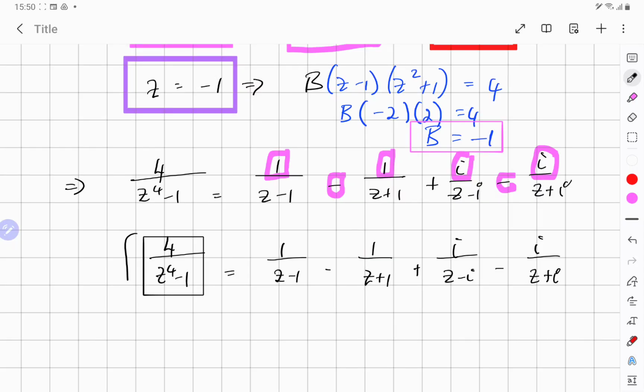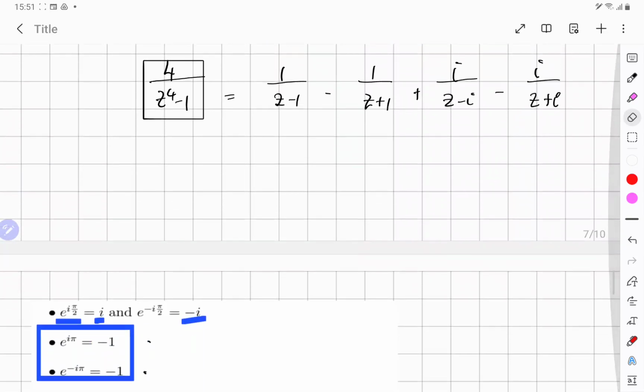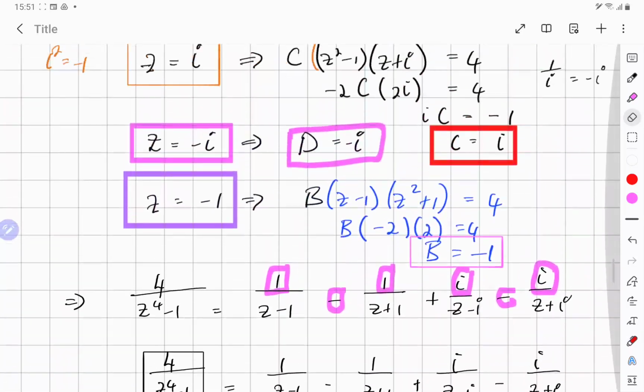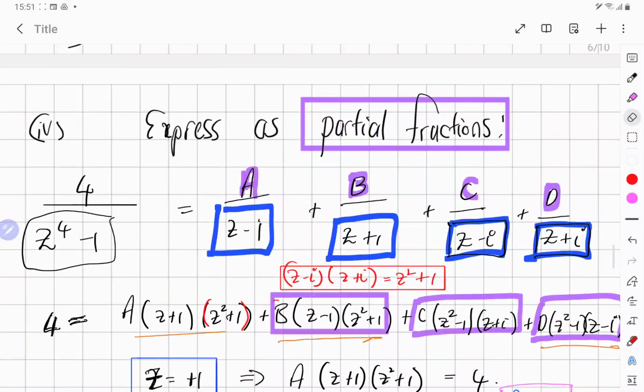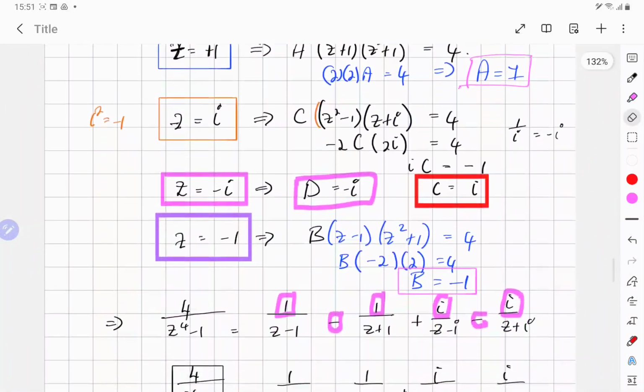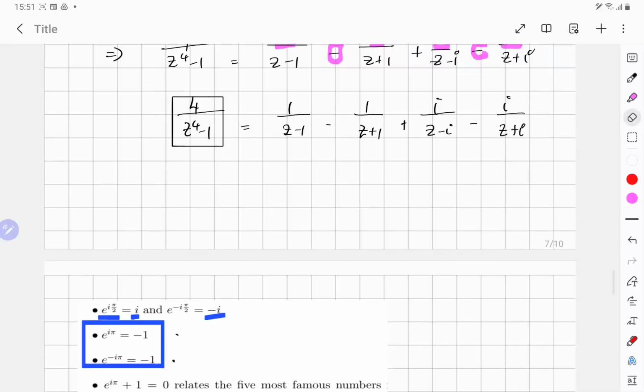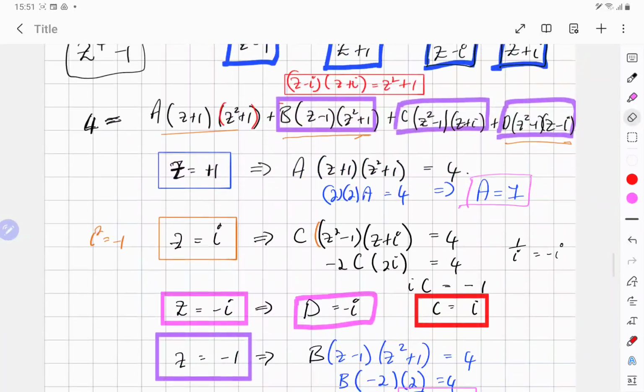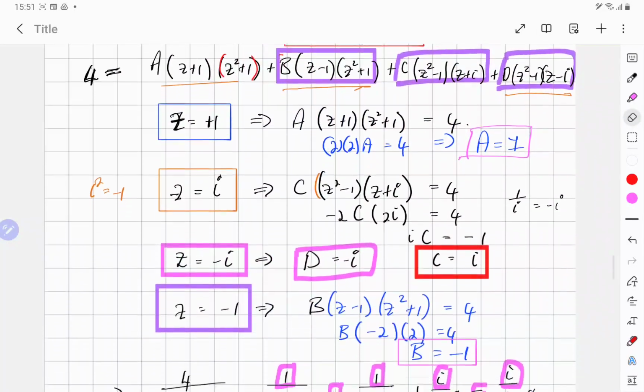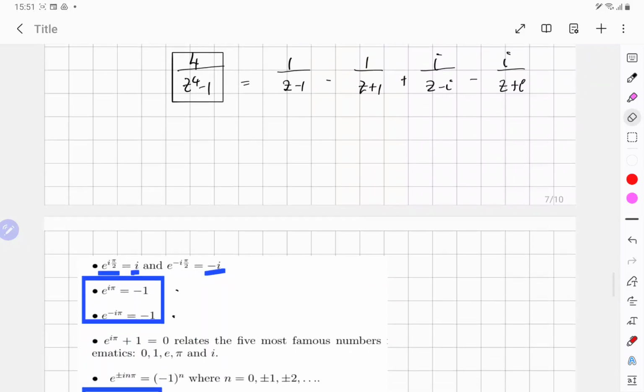Because, for instance, when we integrate, then we will make it easier now that we have split it. So I hope you understand that. If you're not 100% sure of the partial fractions, please make sure you study that first from first year, because now we've just applied it in complex numbers.